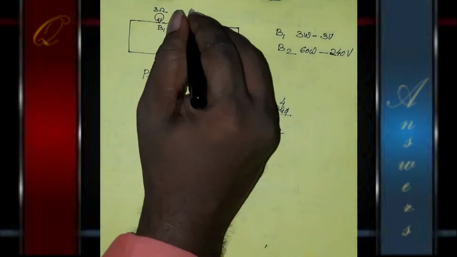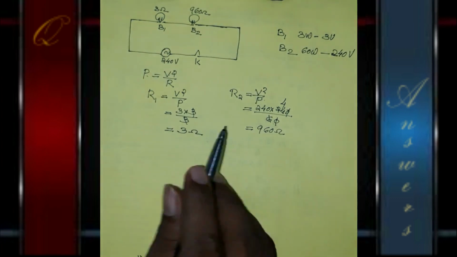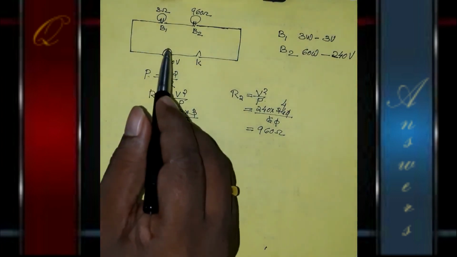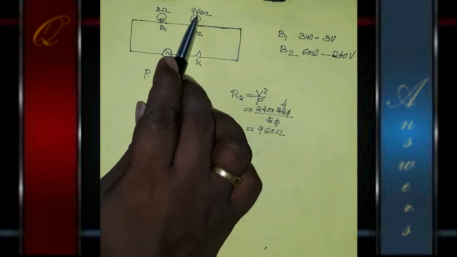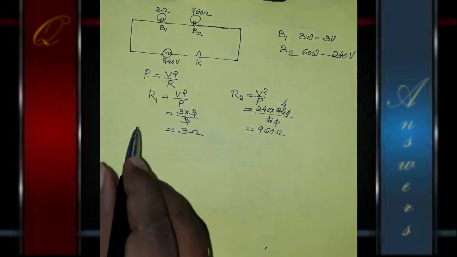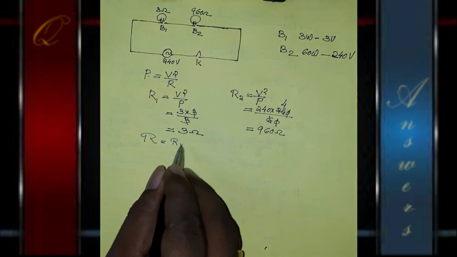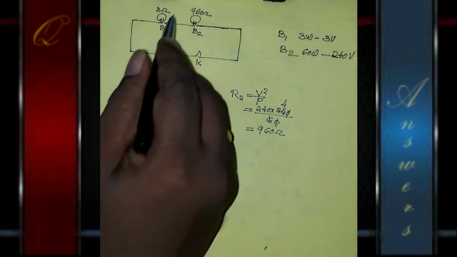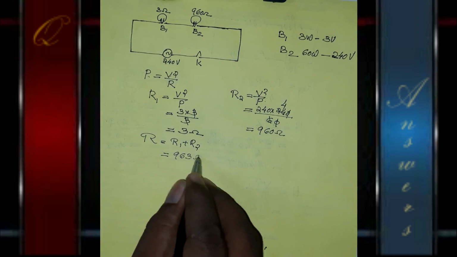So 960 ohm is the resistance of this bulb. Now, what is the total resistance of the circuit? This is 960 ohm, this is 3 ohm, connected in series. The effective resistance is R1 plus R2, equal to 960 plus 3, which is 963 ohm.